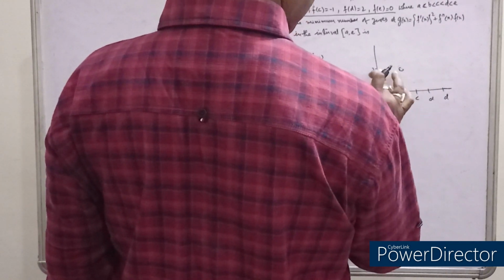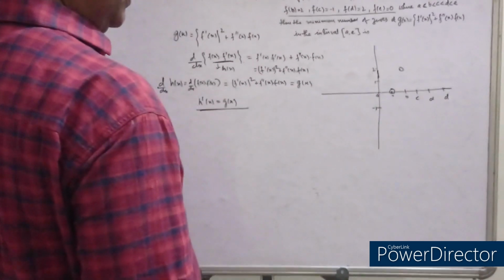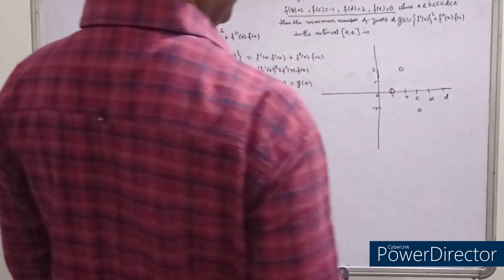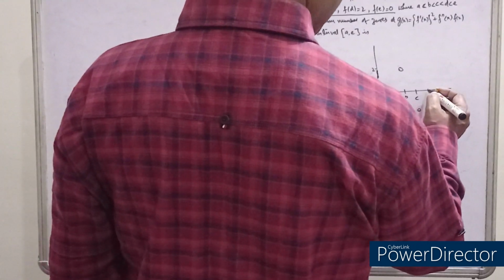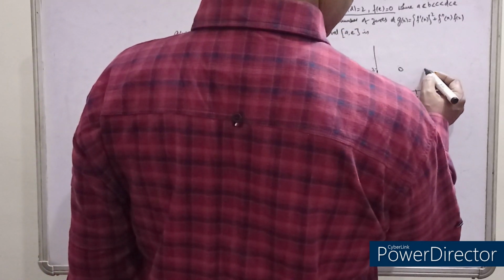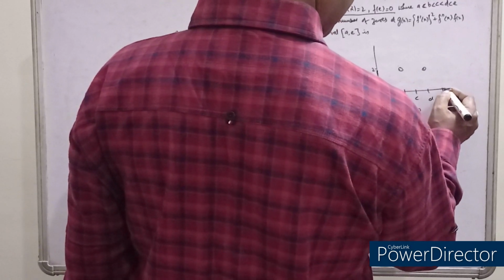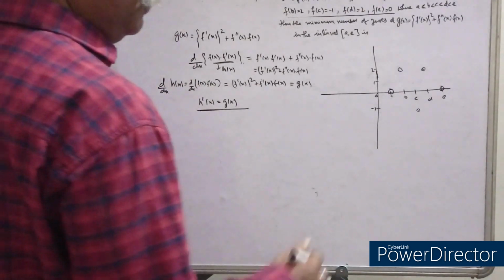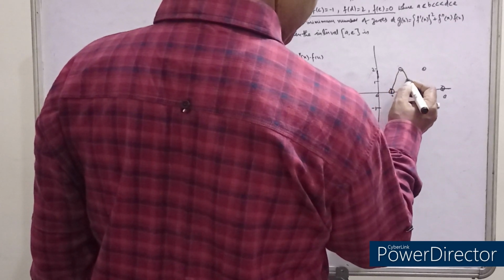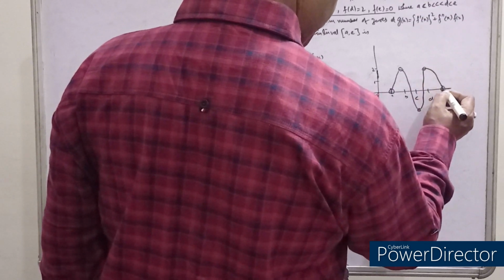Now c is minus 1, so this point is somewhere here. And d is again 2, and e is 0. If you draw the graph, it will be somewhat like this.